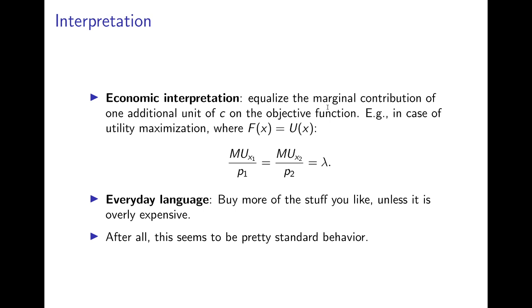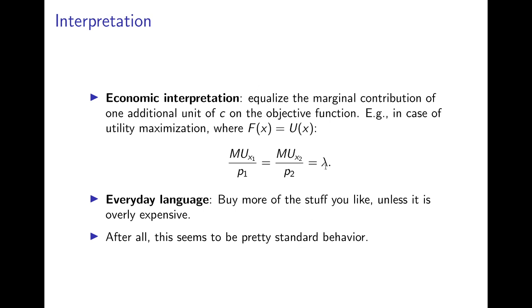For example, if we are in the case of utility maximization, where the objective function is the utility function u of x, then the result of the first order conditions of such a maximization problem would be that individuals would consume at the point where the marginal utility of consuming good 1 divided by its price is equal to the marginal utility of consuming good 2 divided by its price, and that is equal to the Lagrange multiplier lambda. So, the value by which the objective function increases if the constraint is slightly relaxed.